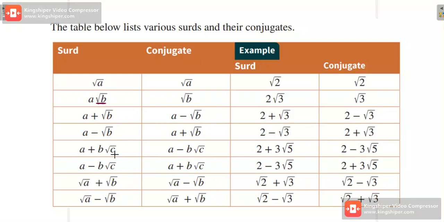A plus b root of c, its conjugate, you have to change the sign. So it becomes a minus b root of c. Example is 2 plus 3 root of 5 is 2 minus 3 root of 5, and so on. So you can just look at this, and these are a summary of a set and its conjugate.